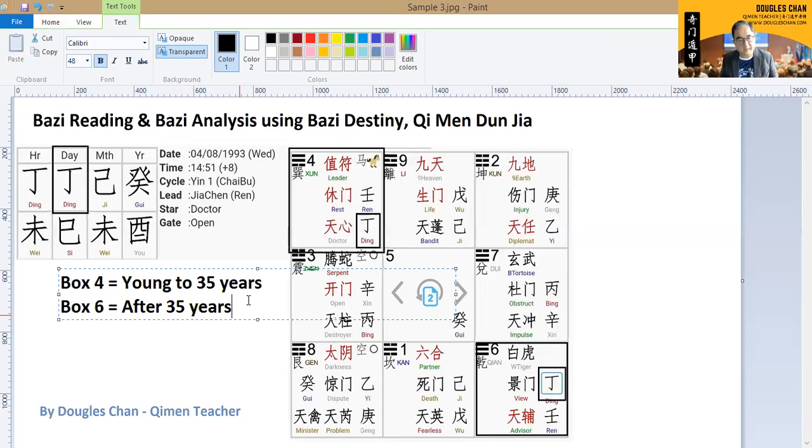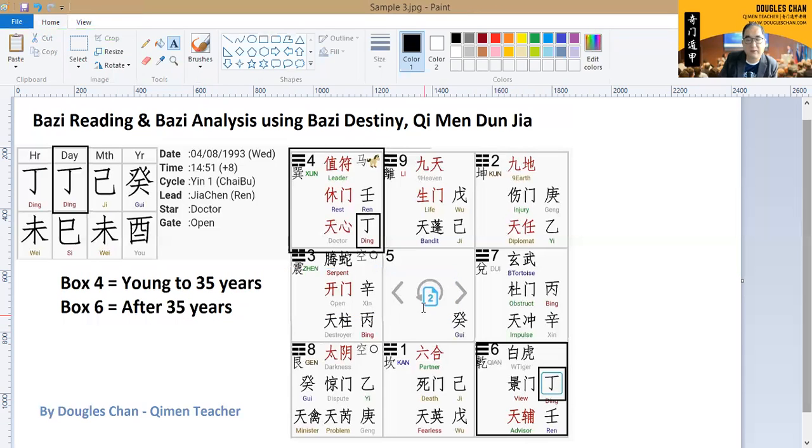What does it really mean? In box number 4, he will have the character from young all the way until 35 years old. And in box number 6, he will have that particular character, which is the white tiger, view, and the advisor, after 35 years old.